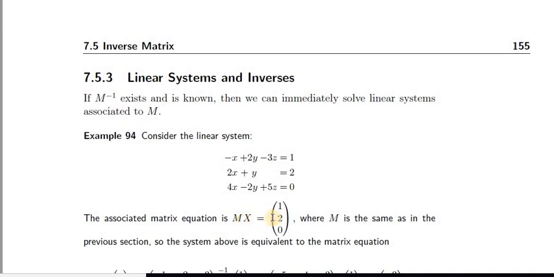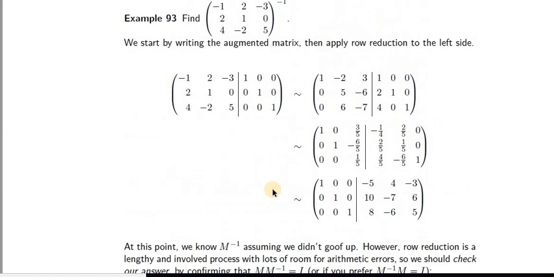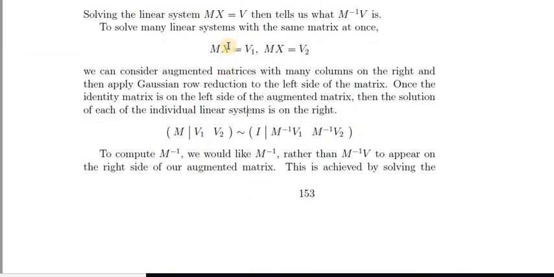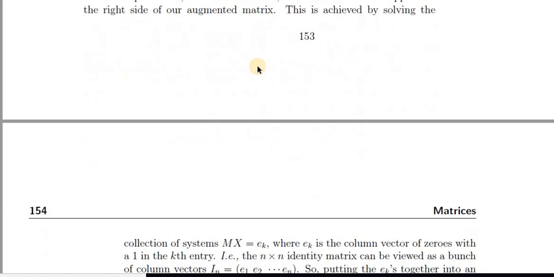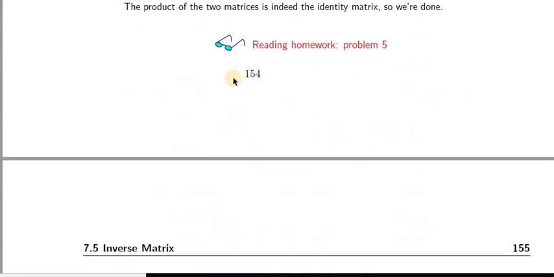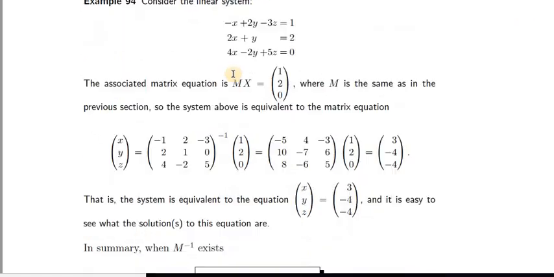That gives me x equals M inverse of (1, 2, 0). That's the same principle I was using here when I said that the solution to this equation is x equals M inverse V1. So this just shows you another example of that same principle.